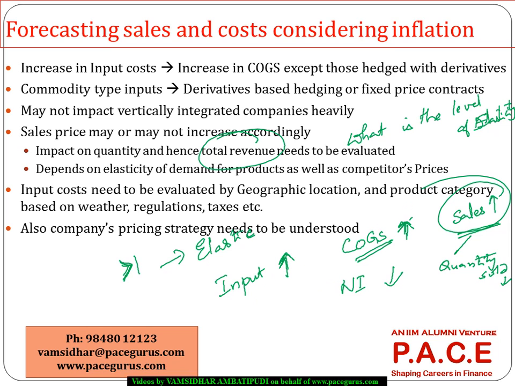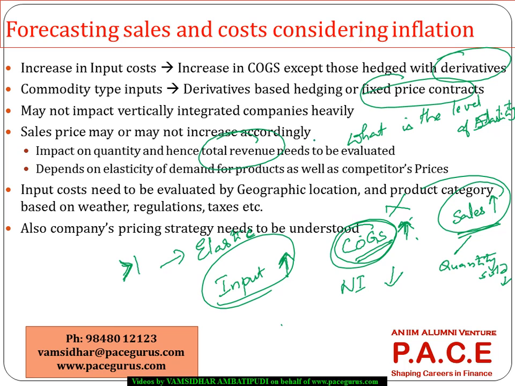On the other side, to make sure that the COGS is not going up when input prices are going up, I have to see whether the company has got into some kind of derivatives-based hedging process, or some kind of fixed price contracts with the vendors. If the company has, then as part of our forecasted model, even though the input prices are going up, we will not increase the COGS at all.